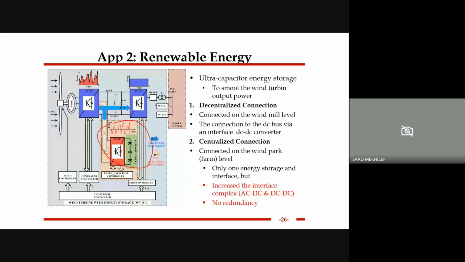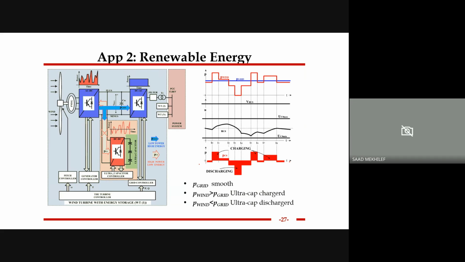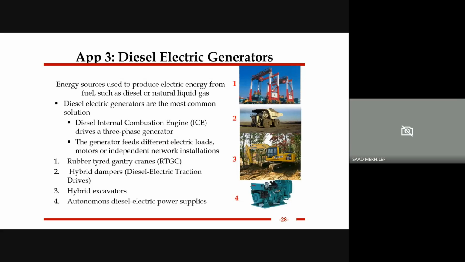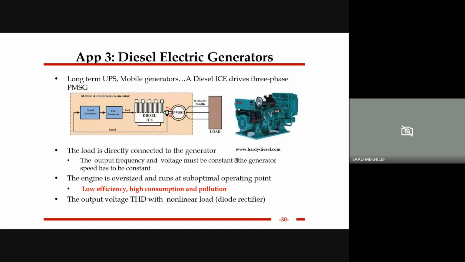This is a very commonly used application. So this is what happens here: the DC bus is always constant, and you can see the charge and discharge depends on the wind speed.